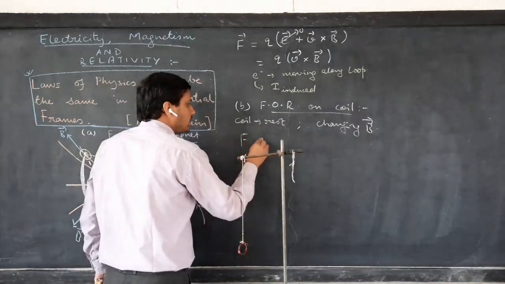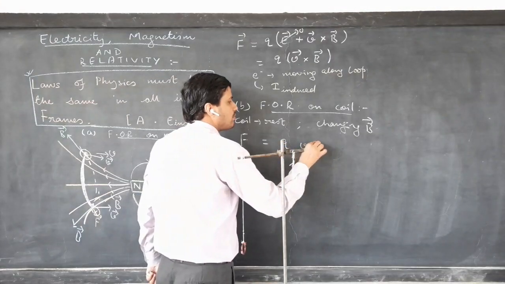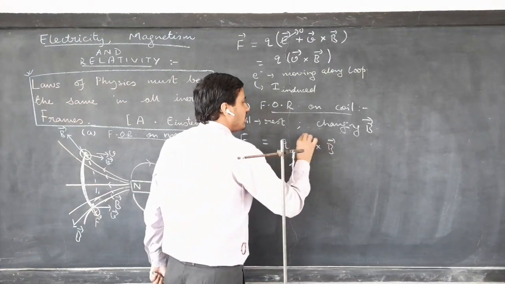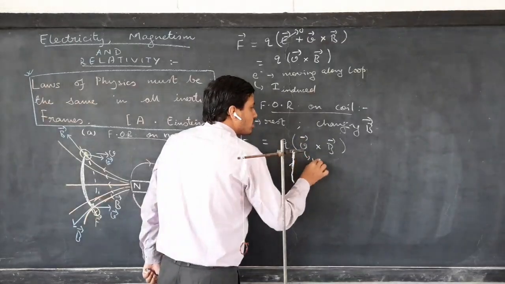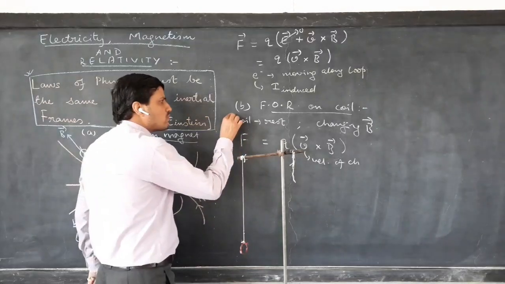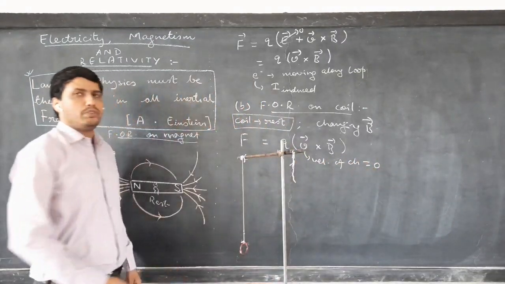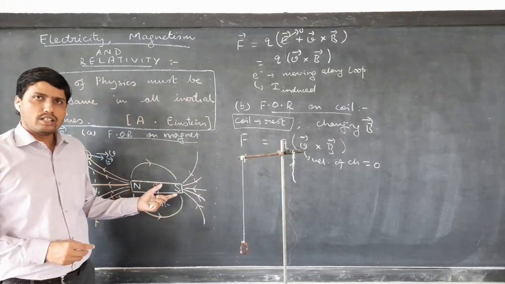The Lorentz force on the free electron or charge q is given by F is q times (v vector cross B vector), where v is the velocity of the charge, which according to our frame of reference is 0. v is not the velocity of the magnet.